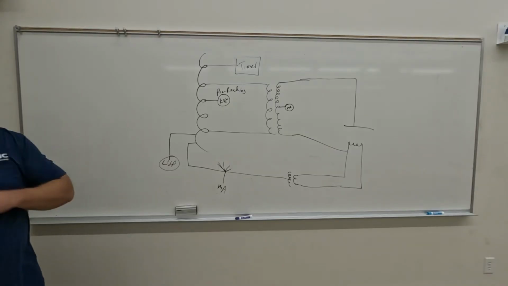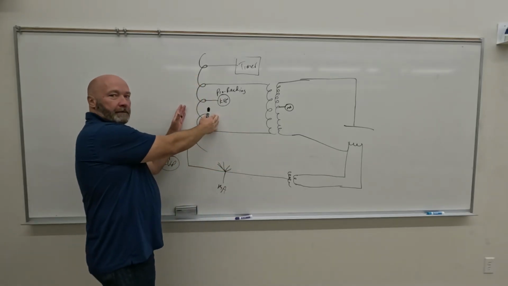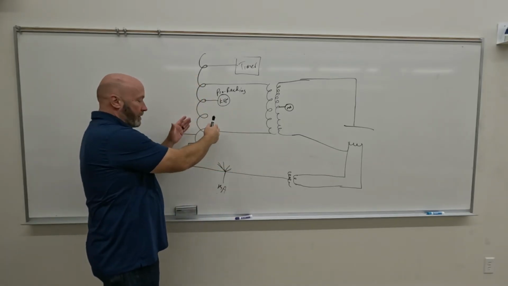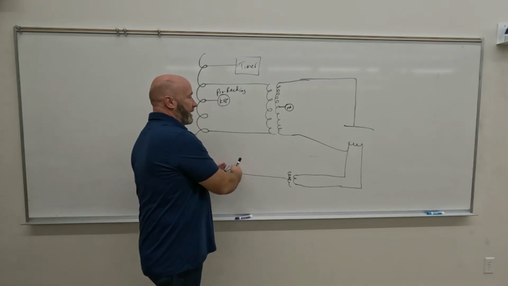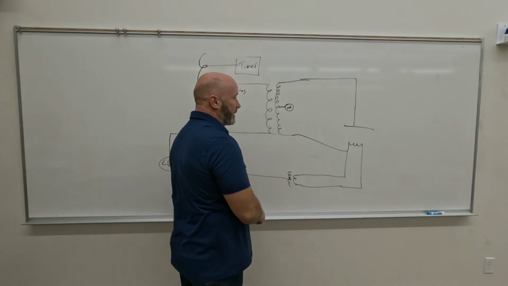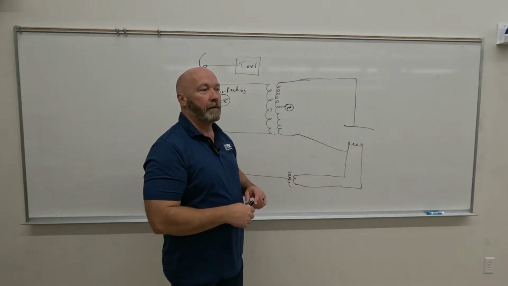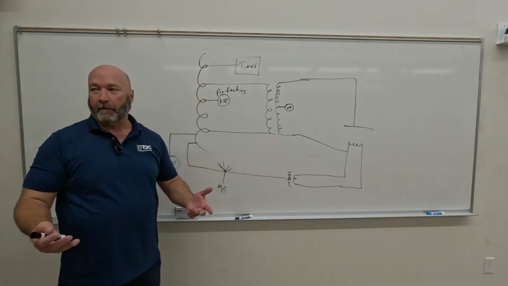So we've got alternating current. We have to have alternating current to make this work. But once we get to this point, we don't want alternating current anymore. We have a problem, right?